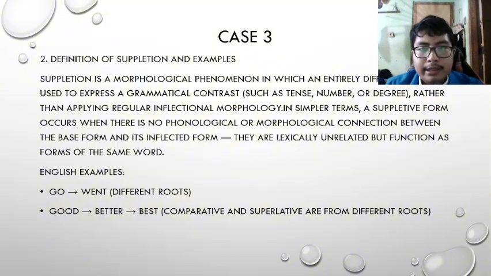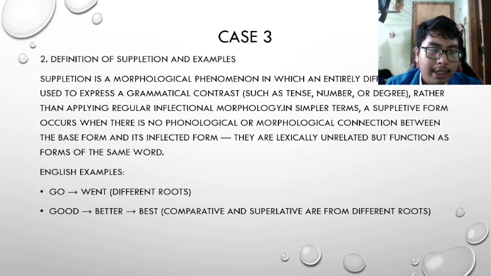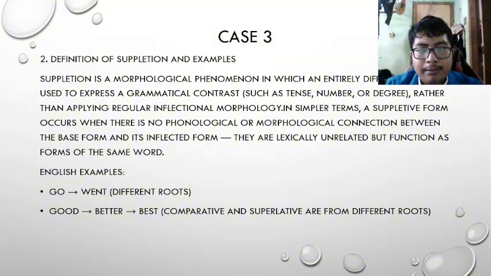They are lexically unrelated but function as forms of the same word. For example, go into went, which have different roots, or good becoming better and best, where the comparative and superlative come from different roots.